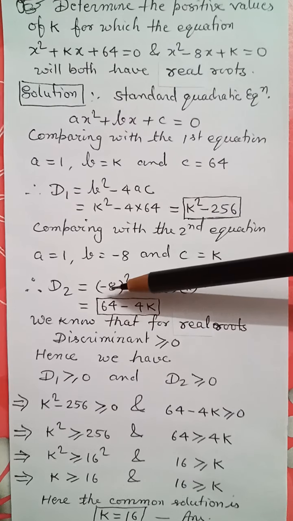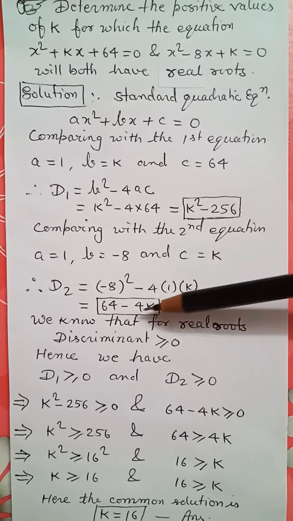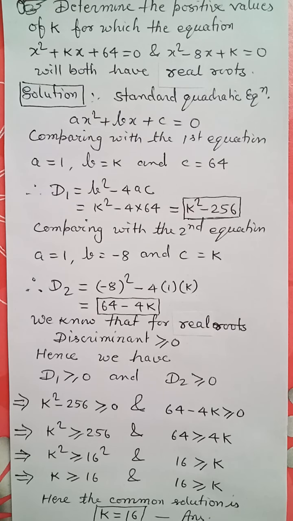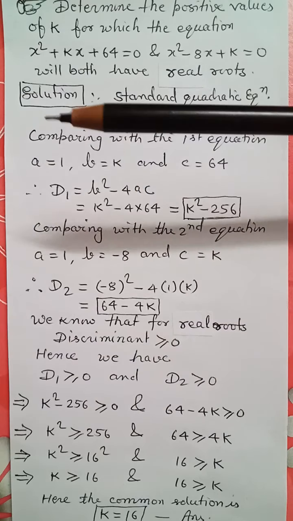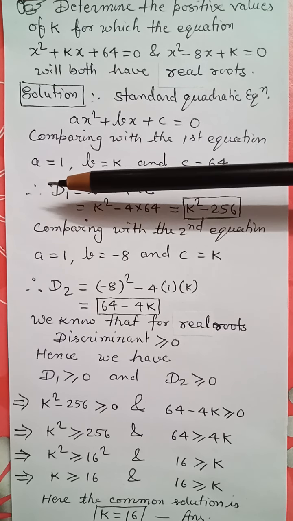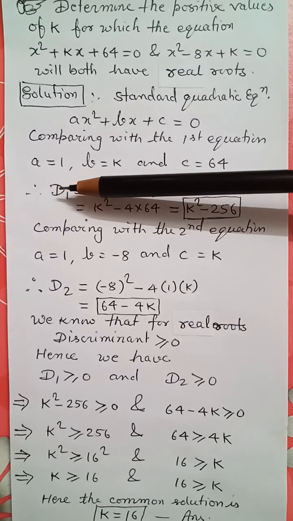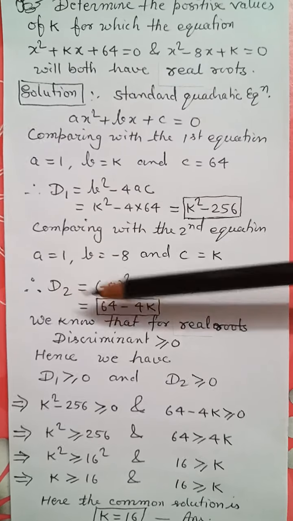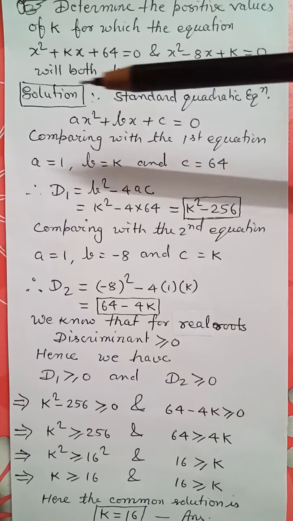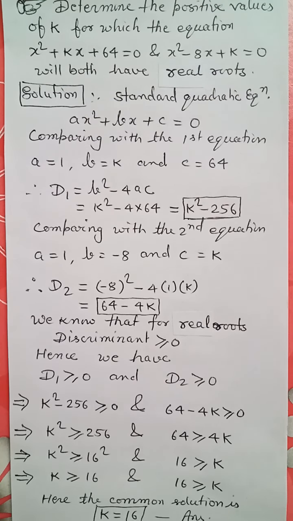That means 8 square, that is 64, minus 4k. Hence, we have found the discriminants d1 and d2 for equations 1 and 2 respectively.